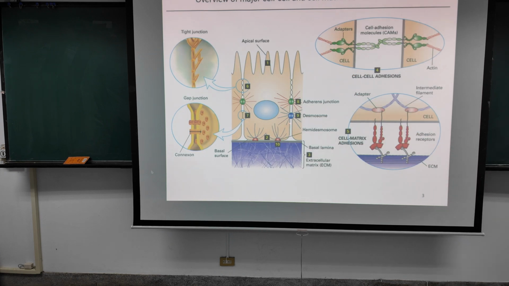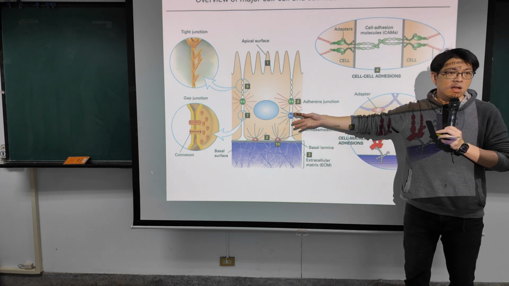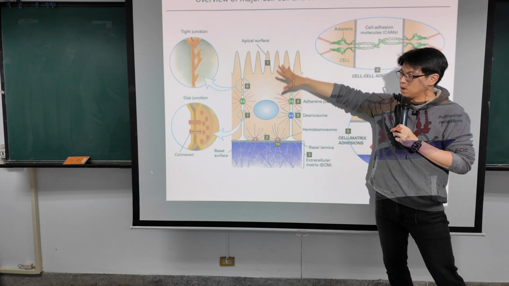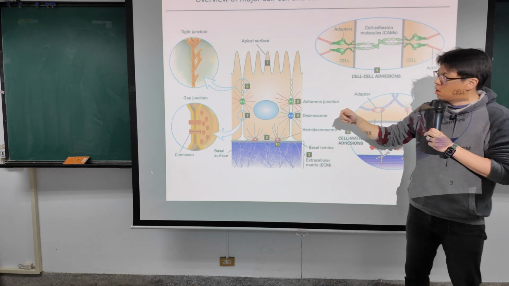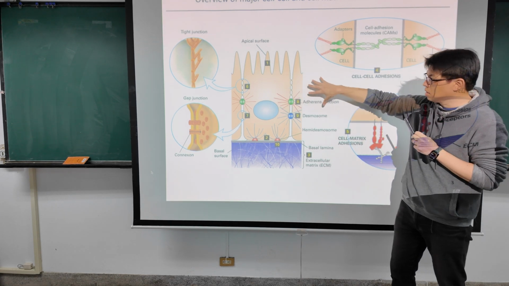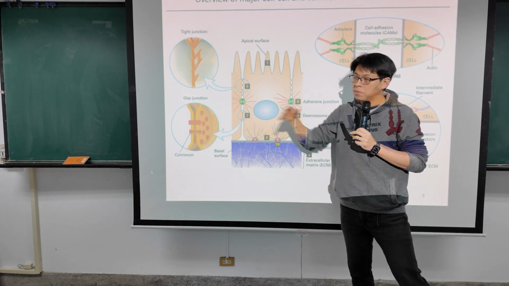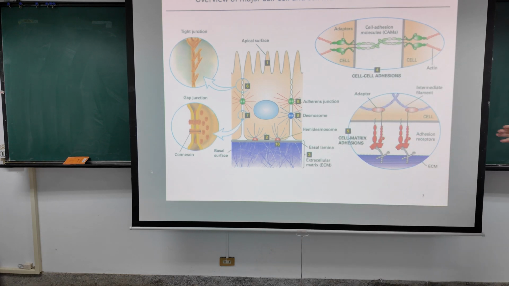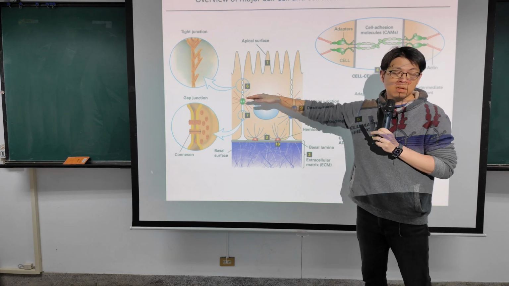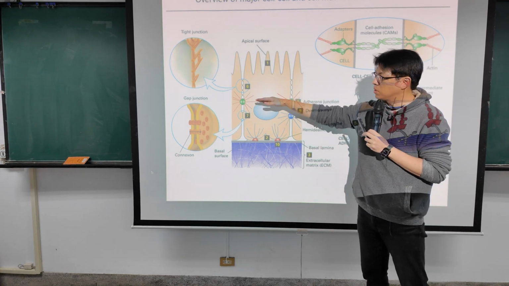This is an enlarged graph of the intestine epithelial cell. Here will be the intestine lumen and this is the intestine wall. This will be one intestine epithelial cell and its neighbors. They can form really tight interactions among those intestine epithelial cells.